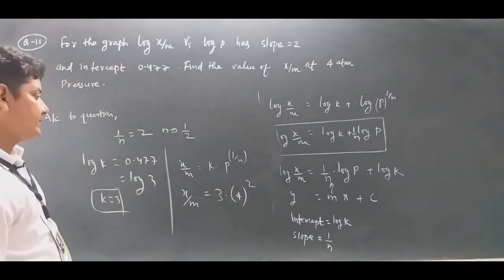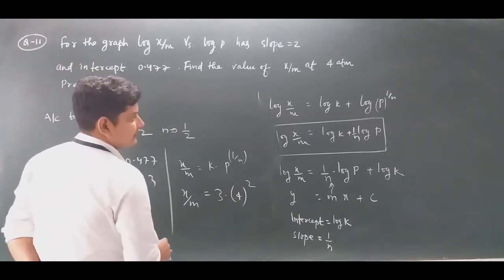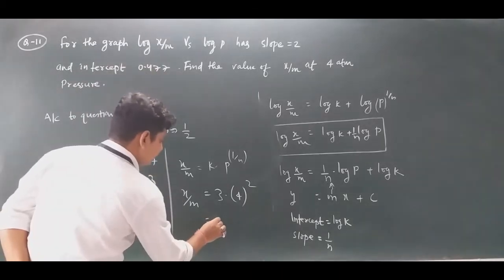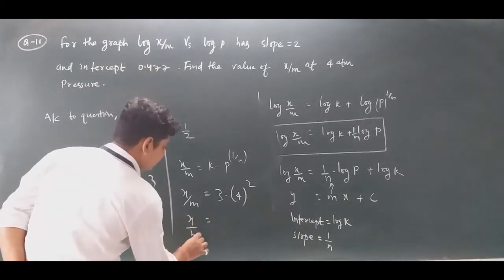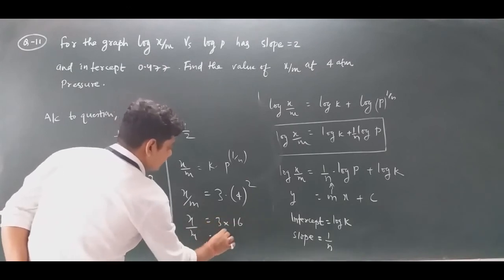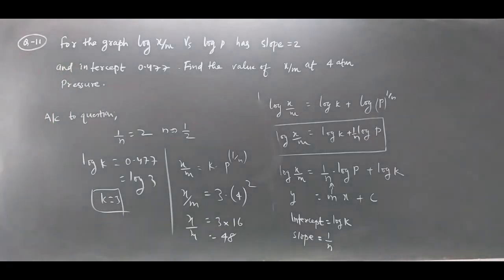So x by m equals 3 into 4 squared, which is 3 into 16, which is 48. So 48 is the right answer here.